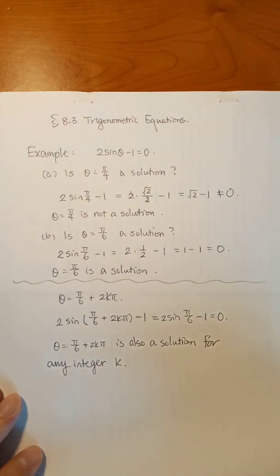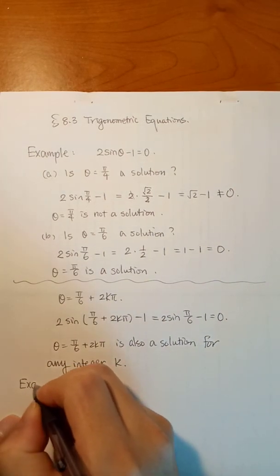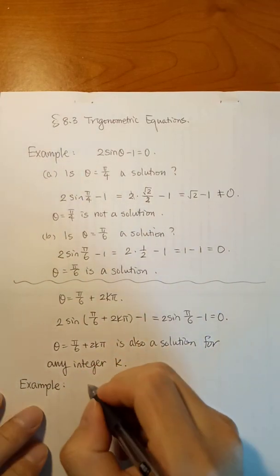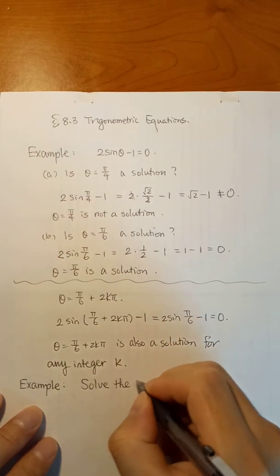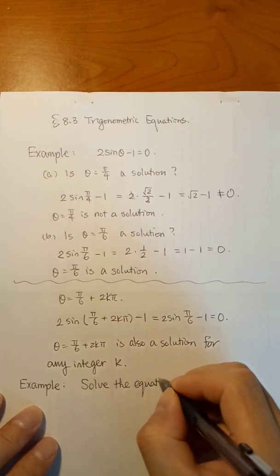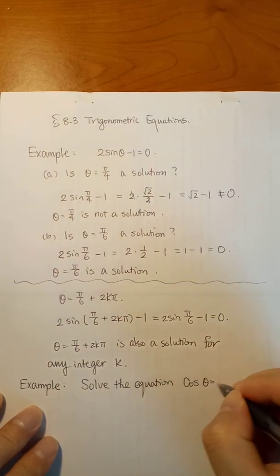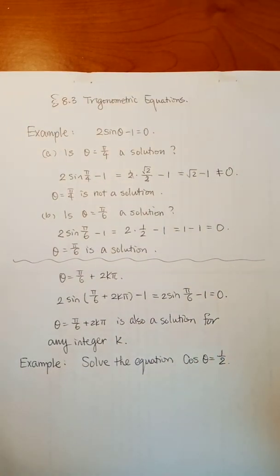Okay, so let's see an example about the complete solution set. Solve the equation cosine theta equal to 1/2.